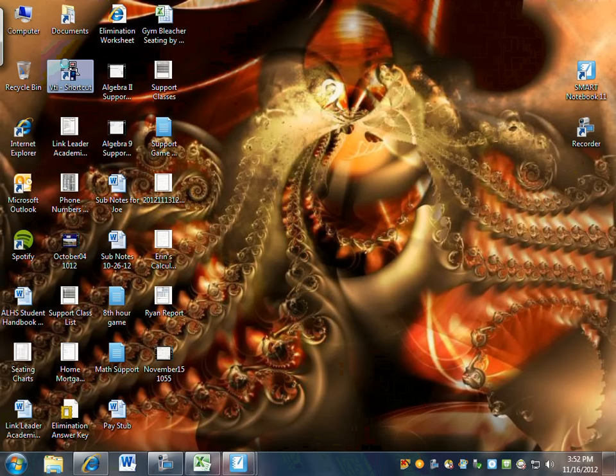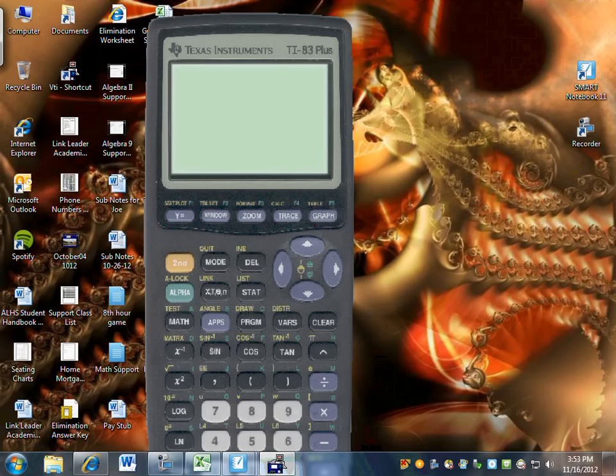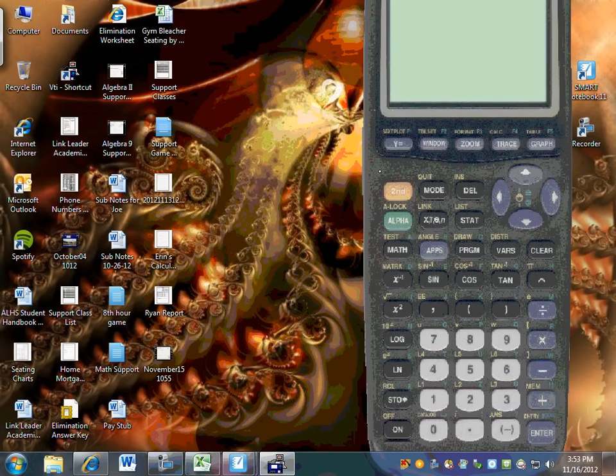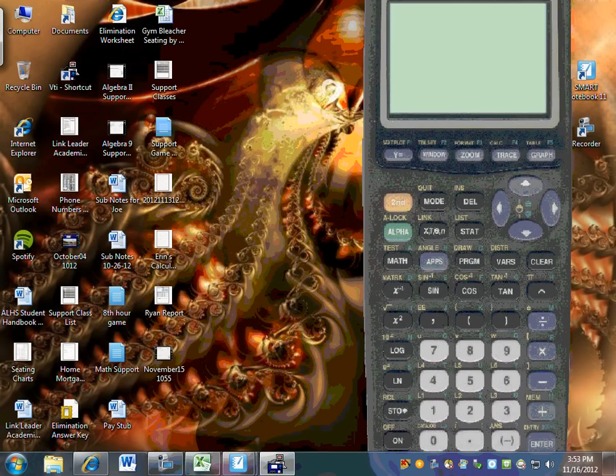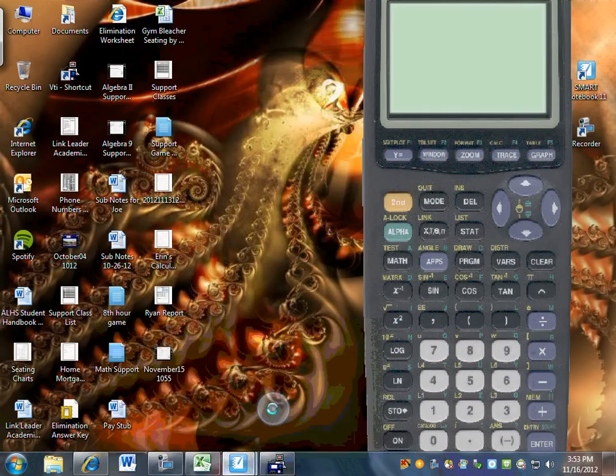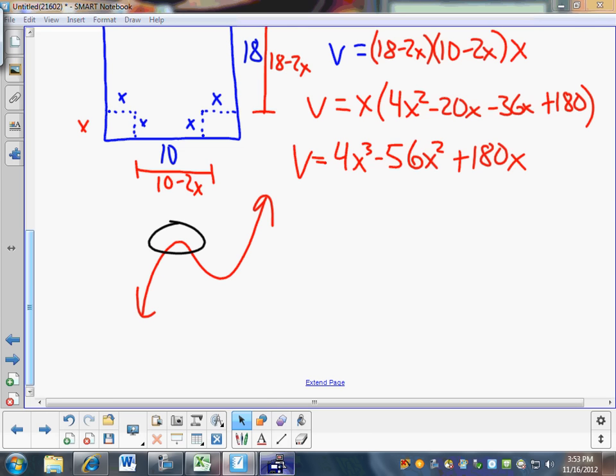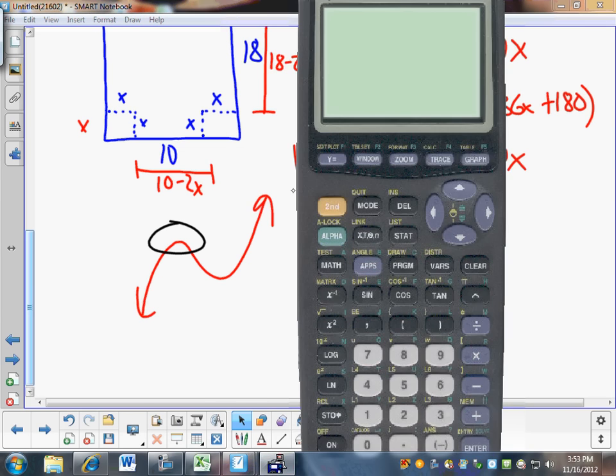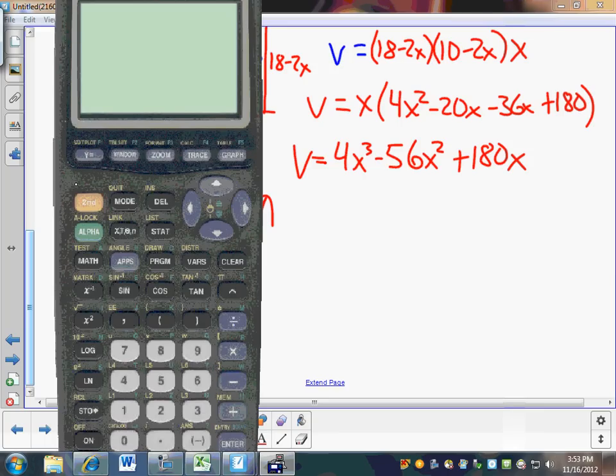So I'm going to take out my graphing calculator. I'm going to type in my function. Oh, it doesn't want to turn on.